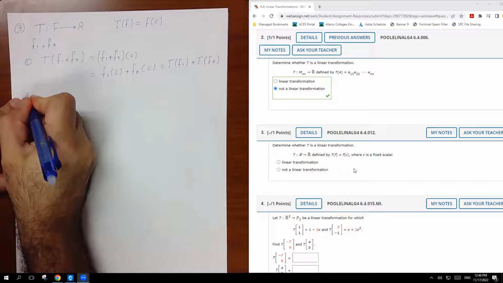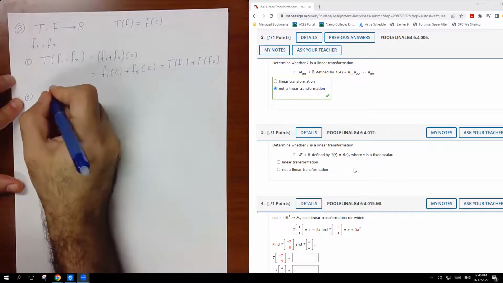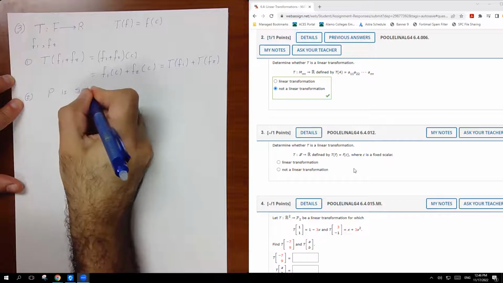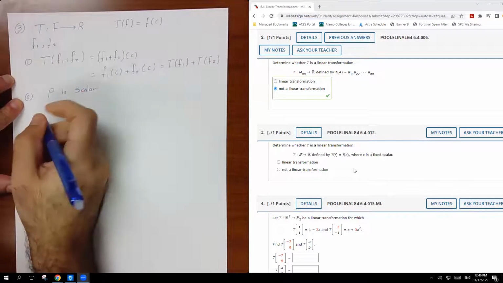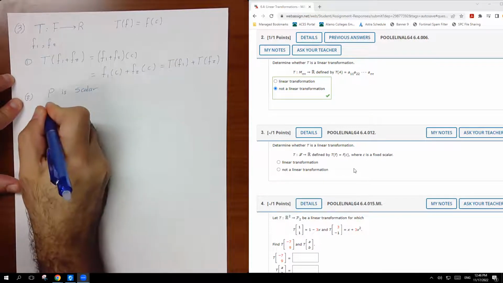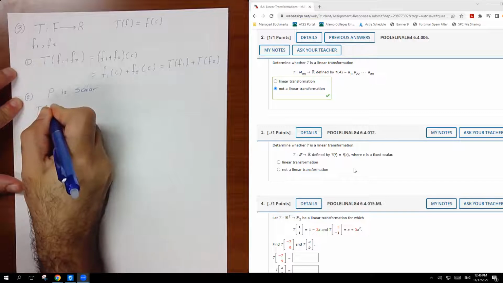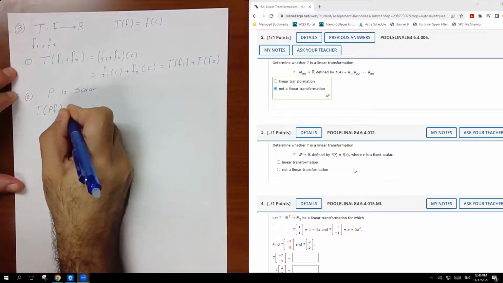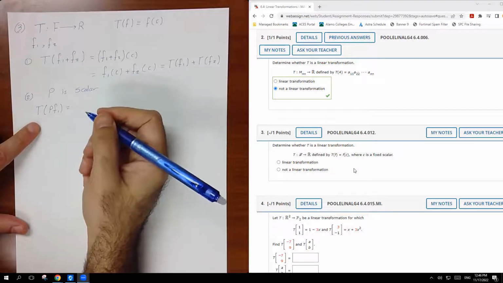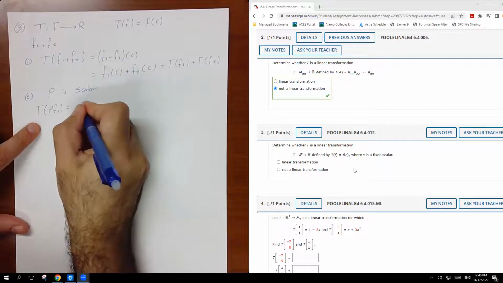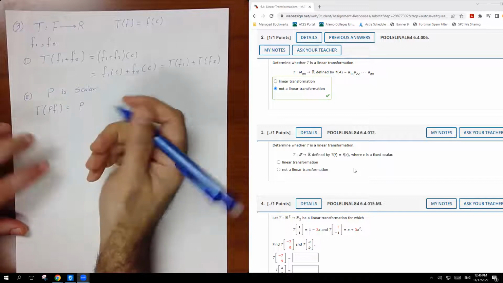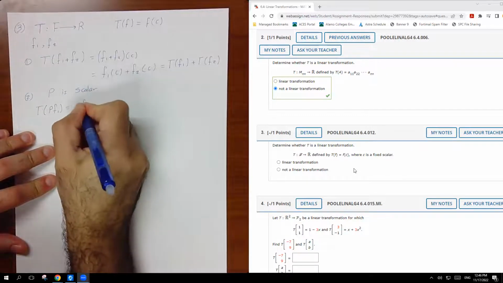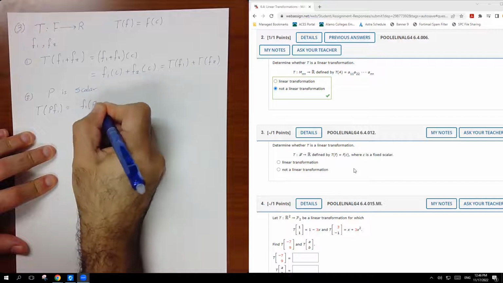The second condition, we're going to let P be a scalar. Then the transformation of P F1 is going to be P F1 at C, which is going to be F1 at PC.